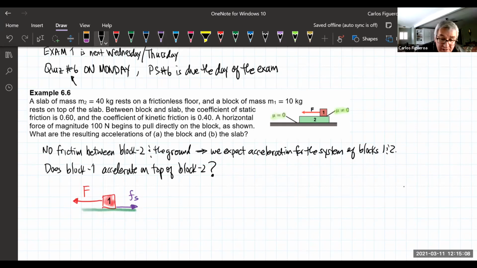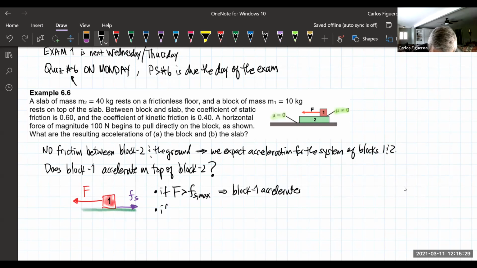So the question that we're asking here is, if F is greater than this, and it's greater than the max value, then this tells us that block 1 accelerates over block 2.